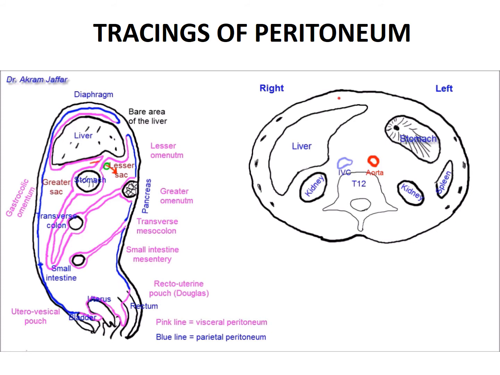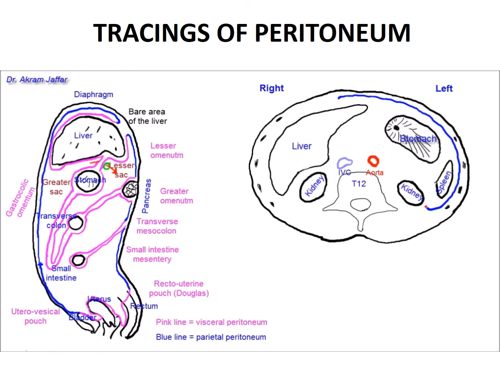Now I will draw the parietal peritoneum, in blue again, starting at a point on the anterior abdominal wall in front of the liver. This is the parietal peritoneum of the anterior abdominal wall, going back to the posterior abdominal wall until it reaches the site of the kidney, and at this point it is going to cover the kidney, so it will become a visceral peritoneum.